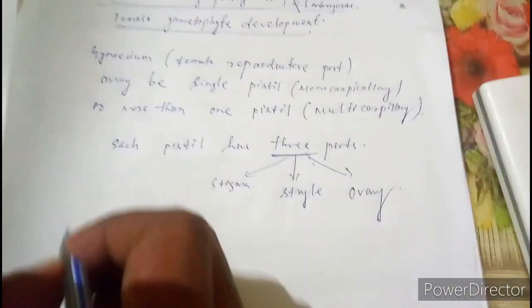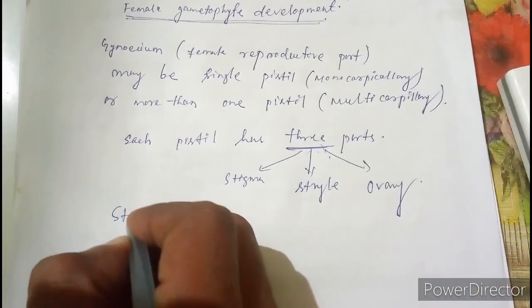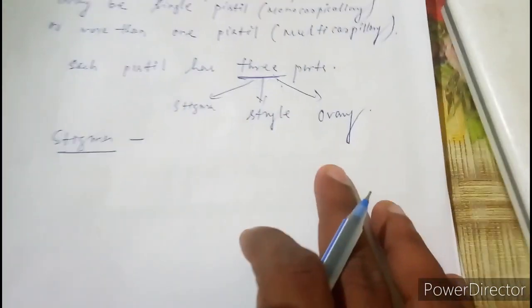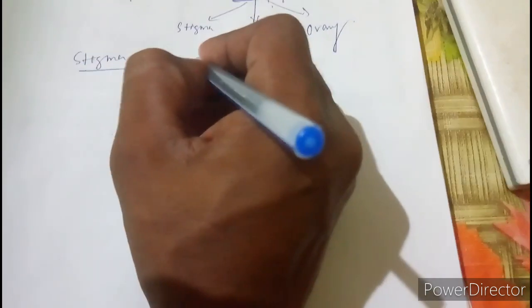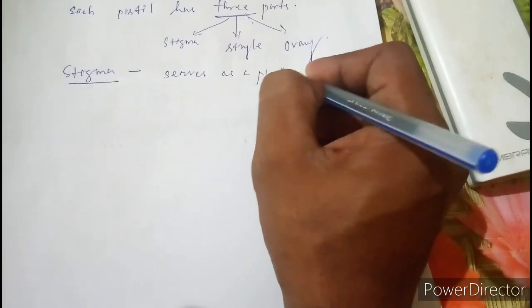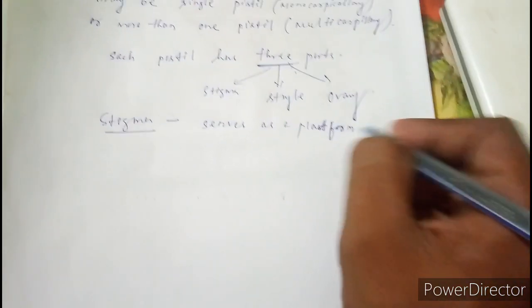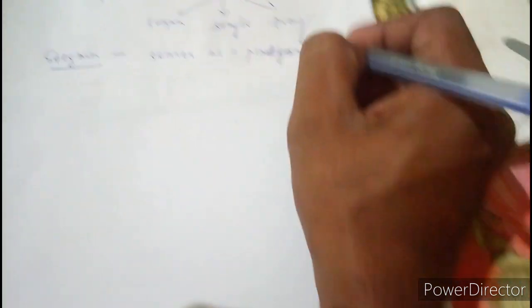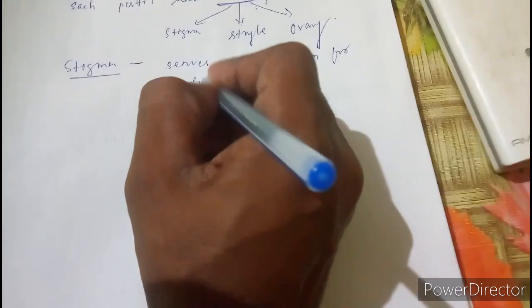Stigma is a surface for landing of pollen grains. It serves as a platform for landing of pollen grains.